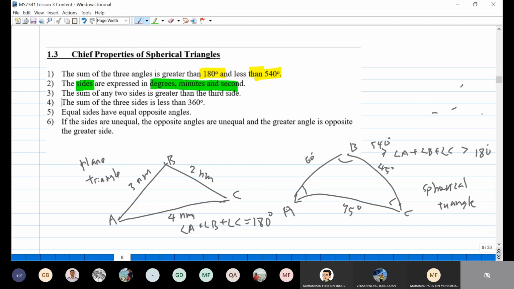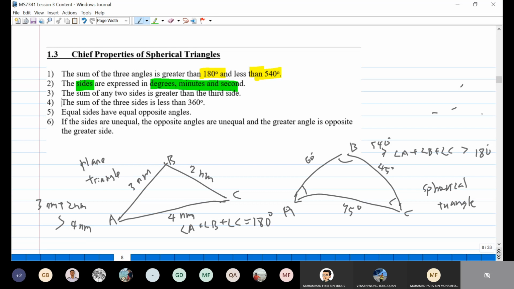Then what else? The sum of any two sides is always greater than the third side. When you take a triangle, for example the triangle on the left hand side, any triangle, 3 nautical miles plus 2 nautical miles is always greater than the third side, 4 nautical miles.